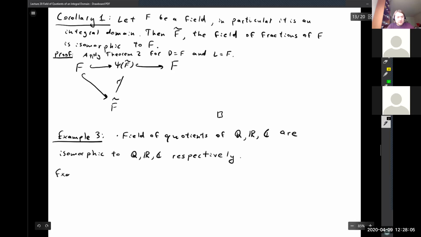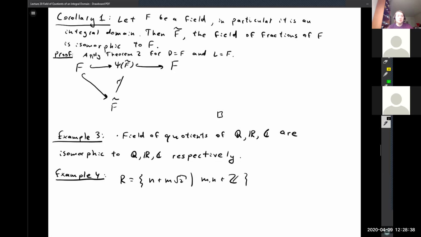Now let's do example 4. Let's look at the ring from one of the homework assignments. So let's say that ring R will be the subring of reals which are numbers of the following form: n plus m square root 2, where m and n are integer numbers.